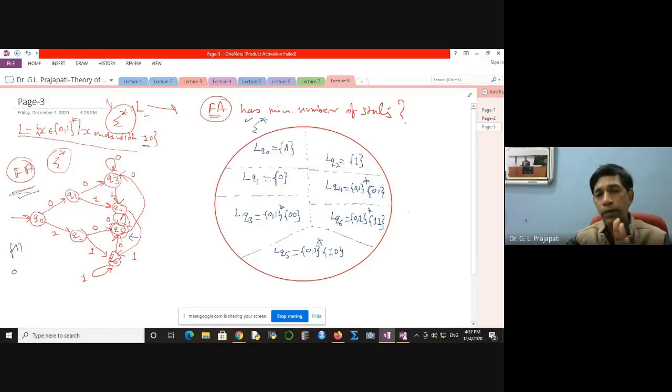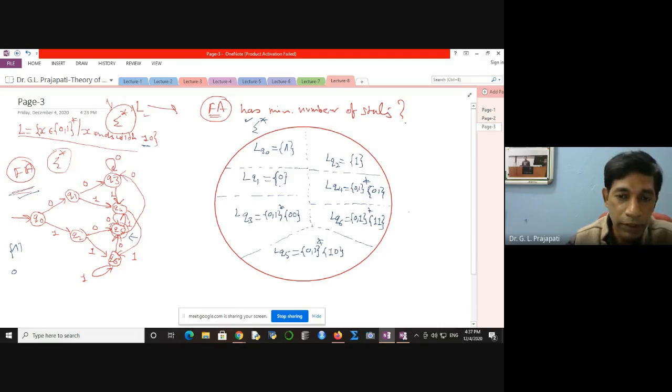Now question is we have partitioned the sigma star with respect to the states of the DFA. Now you need to partition the set sigma star with respect to the equivalence classes. So you need to identify what are the equivalence classes. So see that in your FA, for the case of null string, on receiving the null string, your FA goes to the Q0.